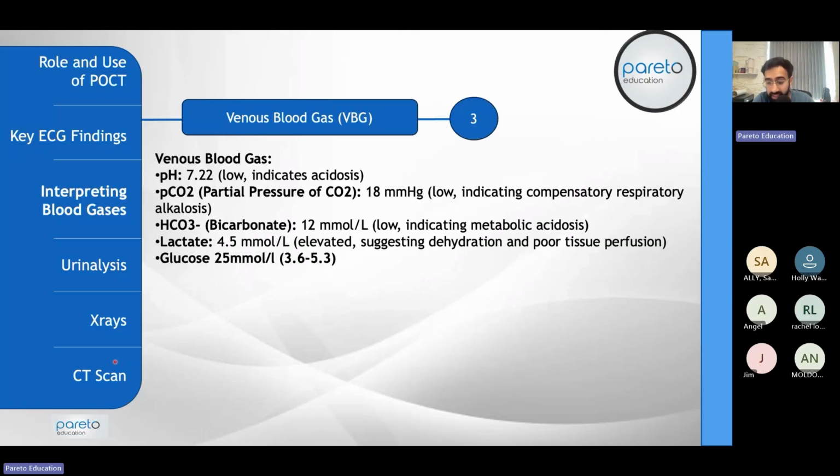The bicarb is trying to eat up all of the acidic ions in the blood to try and balance the pH again. Lactate is raised, most likely because of dehydration here. And of course, glucose is through the roof. This patient has a typical presentation of DKA.